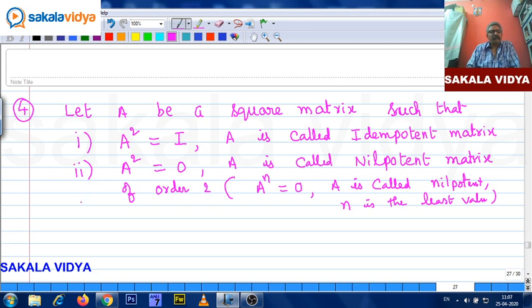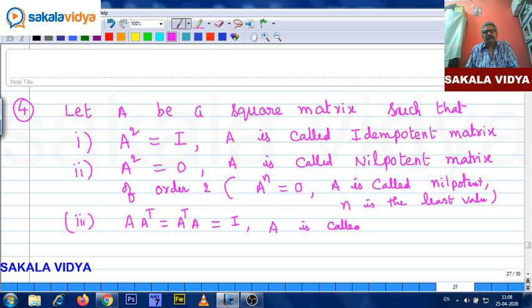Okay, next we have, this is very important, A into A transpose equal to I. Then A is called orthogonal matrix.